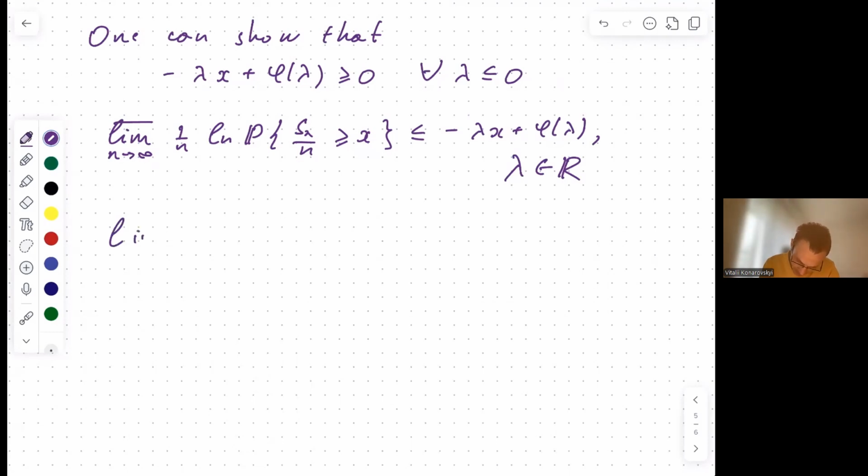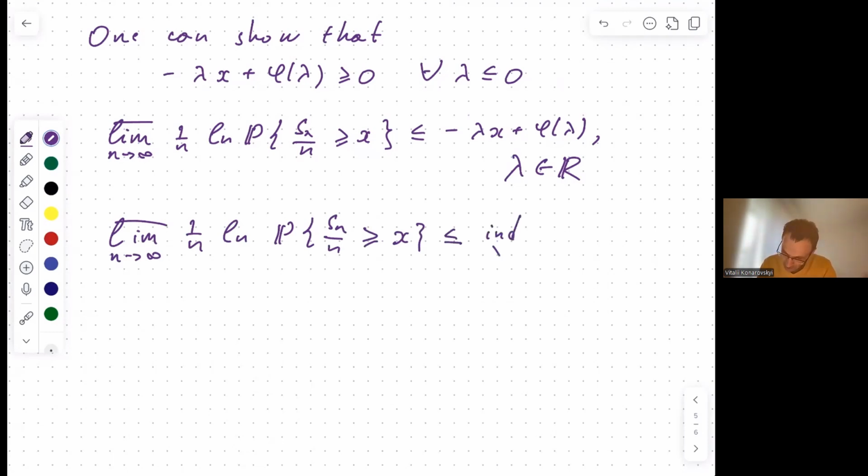You get the limit as n goes to infinity of 1 over n logarithm of the probability that S_n divided by n is larger or equal than x is less or equal to the infimum over all lambda of the right-hand side, but I want to put minus outside.